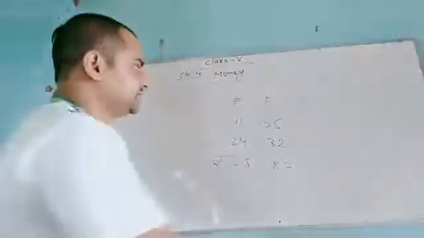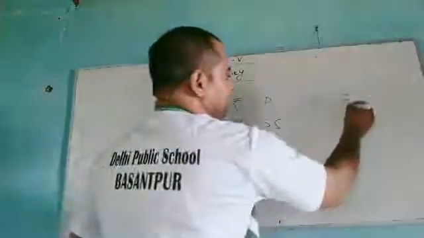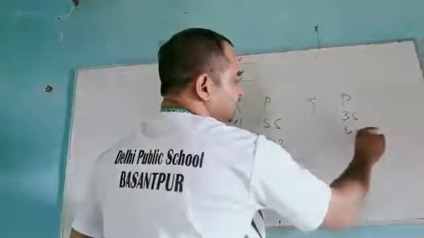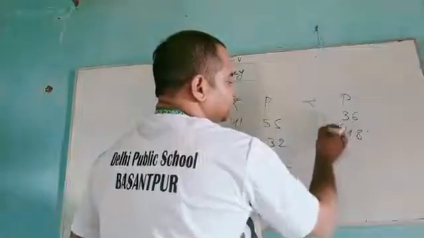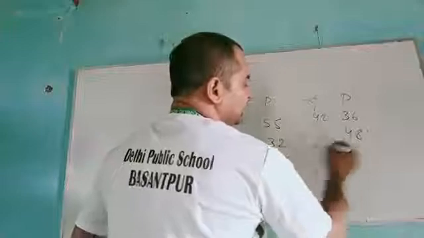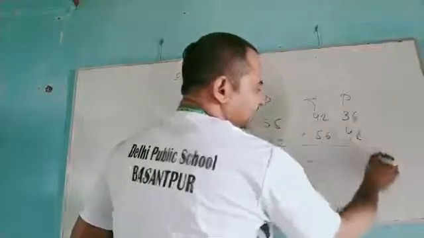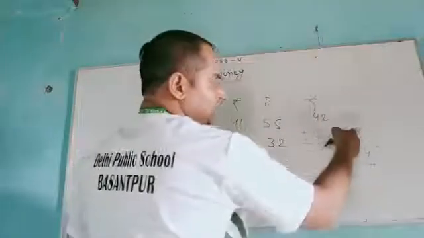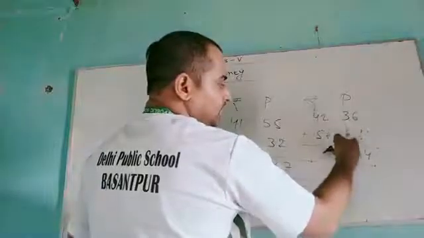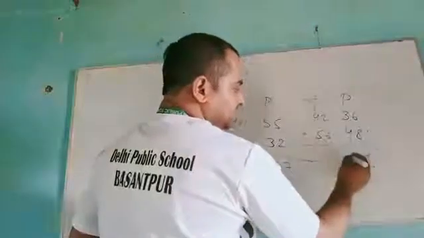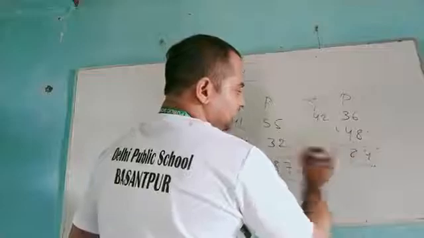If you carry in paise, you give the carry to rupee. Okay, students. Other example: R P 36, 48, 42, 56. Add: 14, carry 1, 4, 7, 8, decimal, 8, 90.